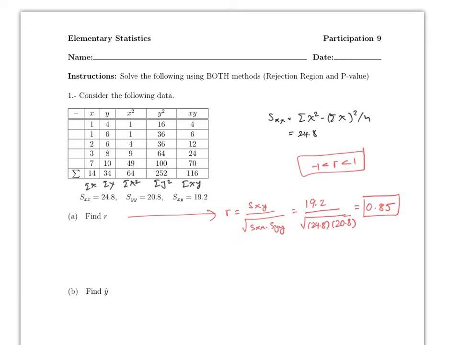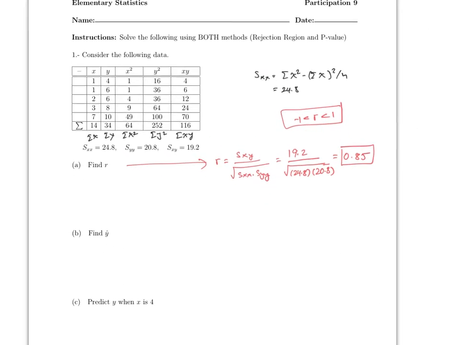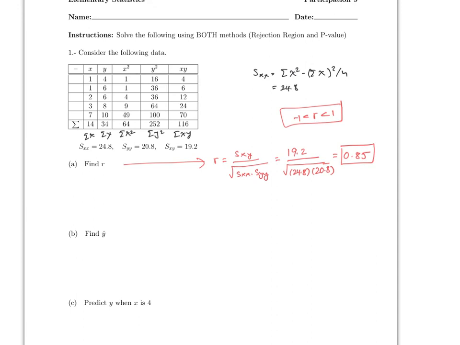Then the next part is asking you to find the equation of best fit. And remember that the equation of best fit, y hat, is equal to mx plus b, where m is the slope. And the formulas to find m, they're already given. And the formula to find b is also on the formula sheet.